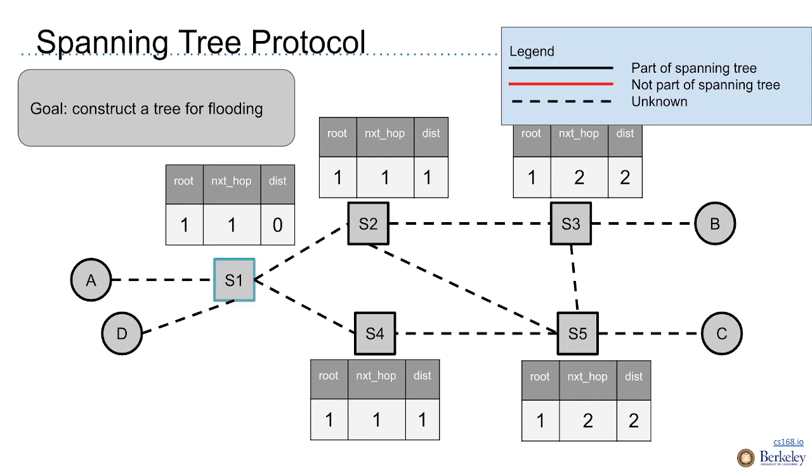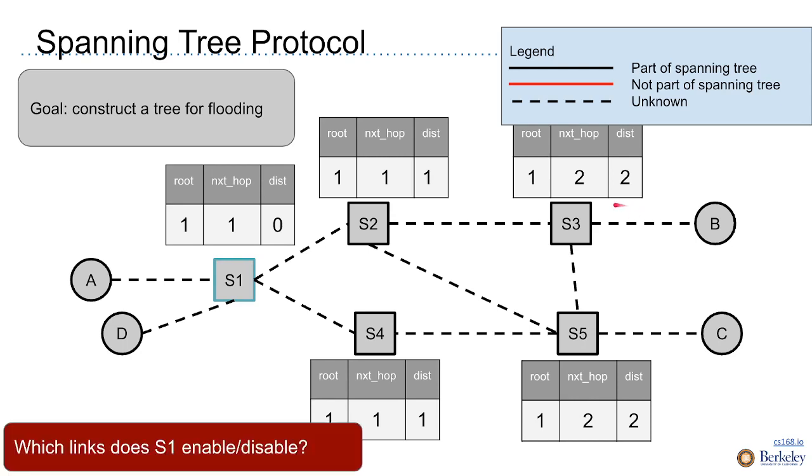How about the other 2? That was one of the rules of the protocol: if we have links to hosts, we keep them. So links to hosts A and D are in the spanning tree, and the other 2 we don't know yet. How about S2?